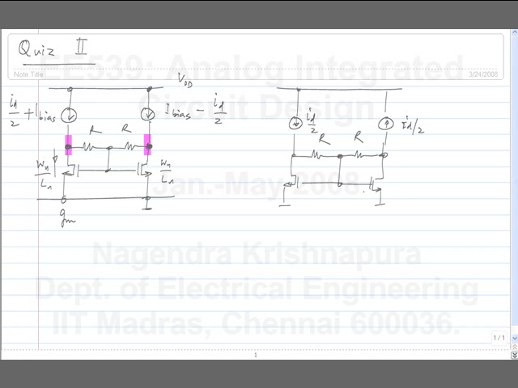Now, because it's symmetrical and it's driven antisymmetrically, the line of symmetry is at 0 volts incrementally. This is VG, this is GM times VG, and the same thing goes here.